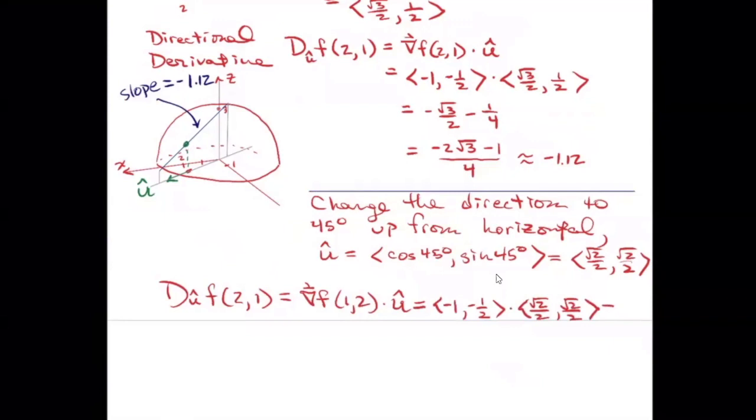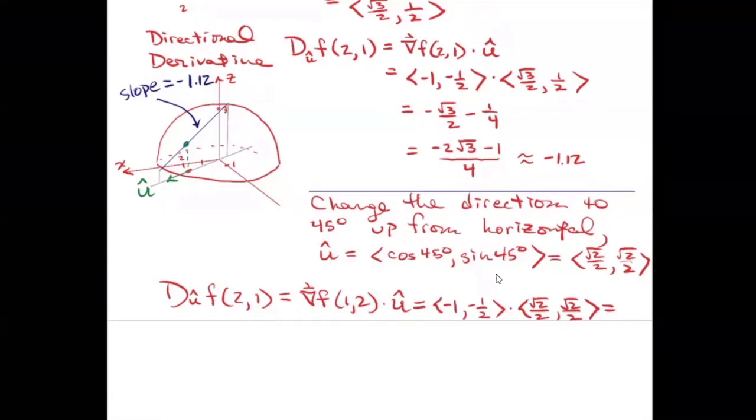And I'm going to squeeze this in. So that would be negative 2 root 2 over 4 minus root 2 over 4.